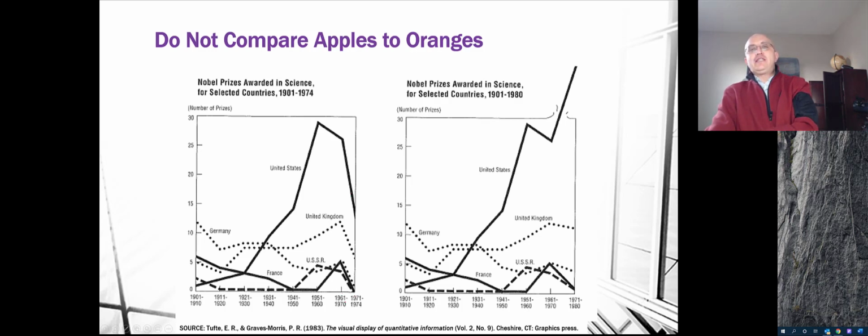So this 1971 to 1974 is not an equal comparison unit to these other decades. But if we finish out the decade, you can actually see that the United States, even though in the first graph it looks like we had this major downturn in Nobel Prizes awarded, towards the end of the decade we actually caught up and exceeded and broke records. So you've got to be careful that you're comparing apples to apples.